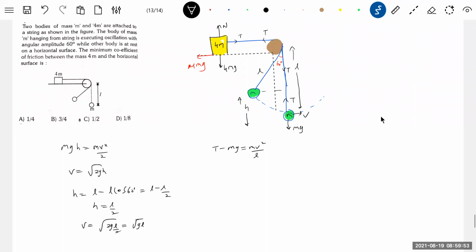So what is V equal to? mgL by L, so T equals 2mg. Then I'll write the equation: T equals mu times 4mg.